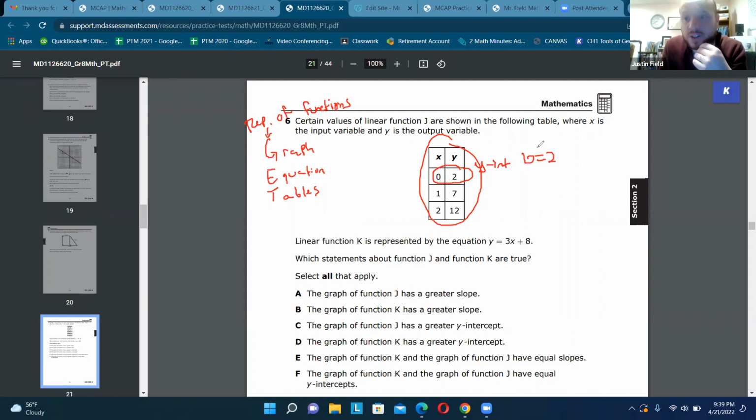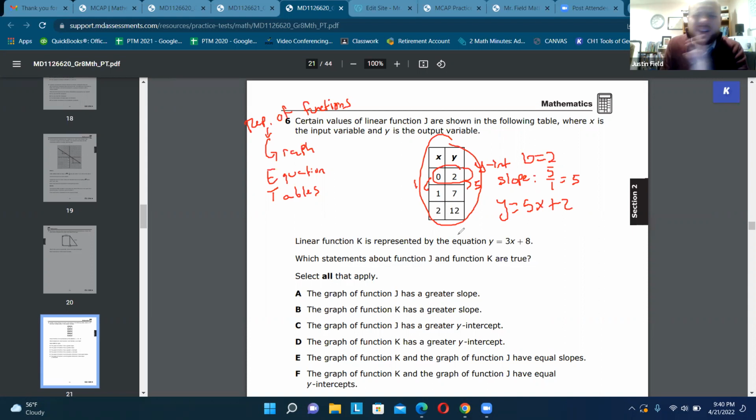So now I just need to know the slope, the mx plus b. So we look in the table, the change in x is 1 and the change in y is 5. So the slope is rise over run, it's 5 over 1 or just 5. So the table is represented by the equation 5x plus 2.